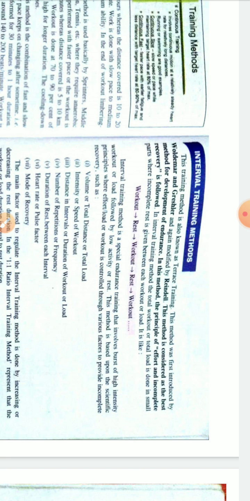We give the interval, but there will be incomplete recovery. There will be workout, rest, workout, rest, workout, and so on. Okay, effort and incomplete recovery. We give them the chance to recover, but there will be no full recovery. After doing the workout, there will be incomplete recovery.